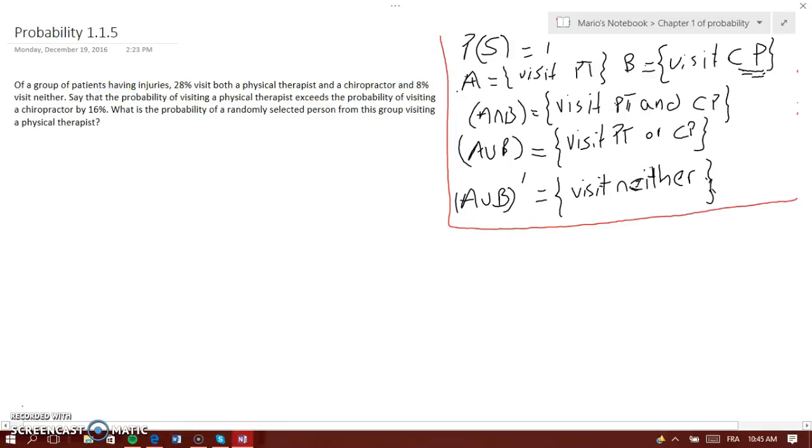Now, what we know so far is that the probability that a person visits a physical therapist exceeds the chiropractor by 16%. So we can write probability of PT, physical therapy, equals PCP plus 0.16.